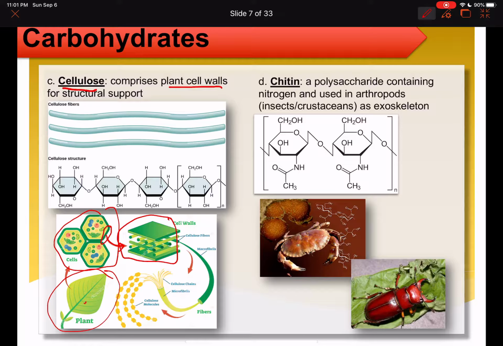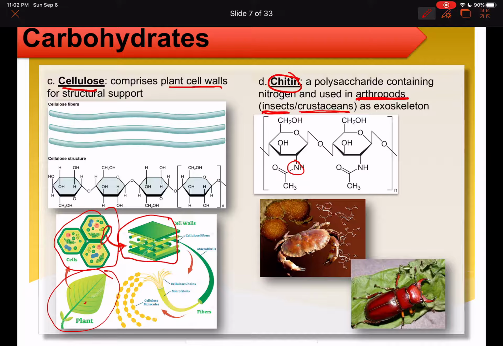And lastly, chitin is the last specific example of a polysaccharide, and this is a polysaccharide that contains nitrogen and is usually used in arthropods. You'll learn next semester, if you're taking 1407, that there's a group of organisms called arthropods, and usually those include insects and crustaceans. Insects, you know what those are.